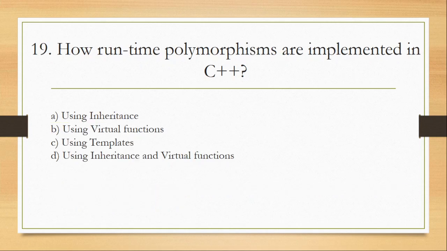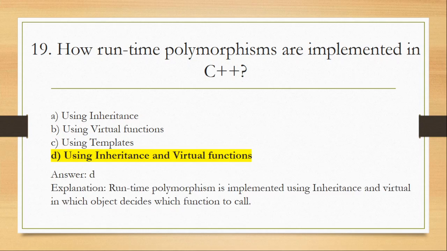How is runtime polymorphism implemented in C++? Runtime polymorphism is implemented using inheritance and virtual functions, in which the object decides which function to call.